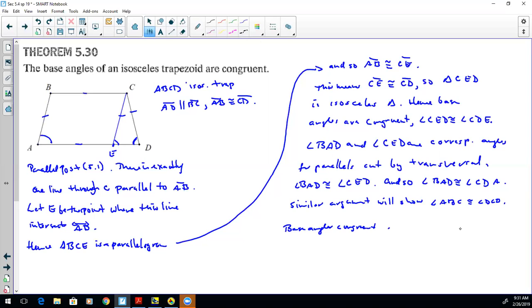Pretty straightforward there. You have to introduce this line, and in the picture I've drawn here, the intersection point is in between A and D, but even if you had to extend one of these sides to get an intersection point, the proof would still work just fine.